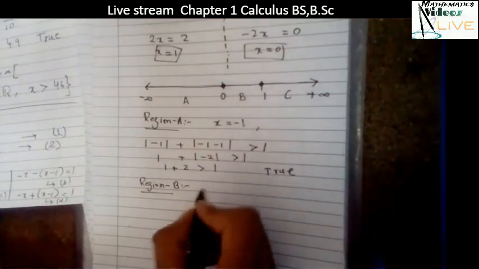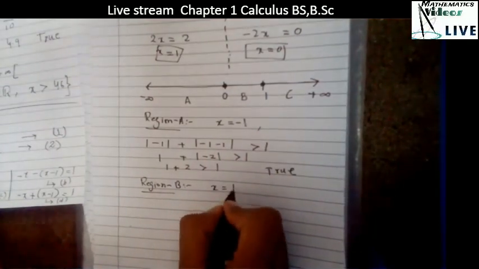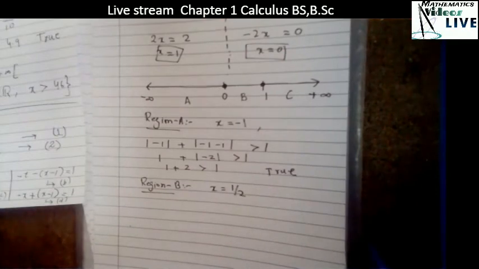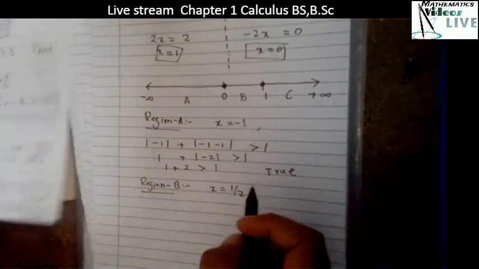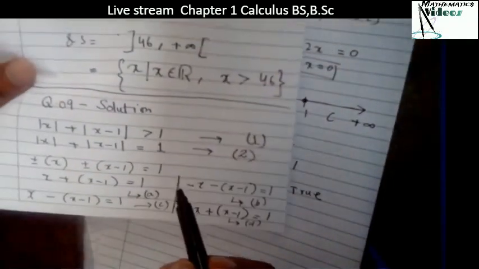This is 1 plus this is the absolute value of -2, so 1 plus 2 is greater than 1, which is 2. So it means that this region from negative infinity to 0 is included in the solution.